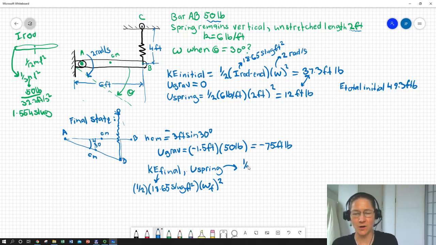So we'll have our 1/2 times 6 feet, or 6 pounds per foot.